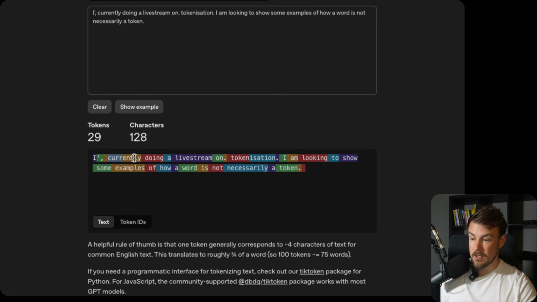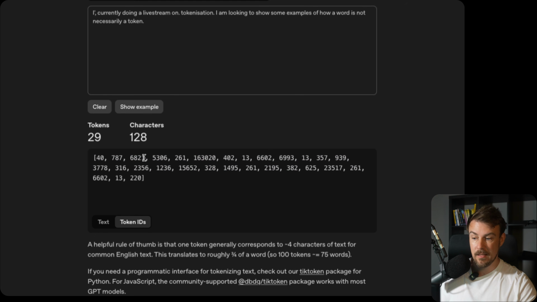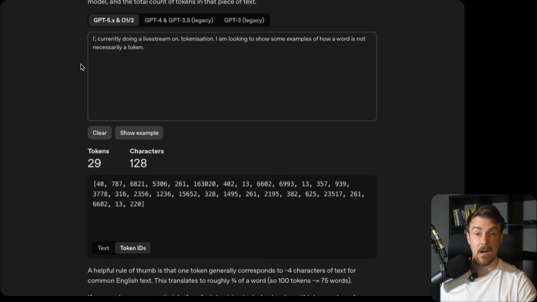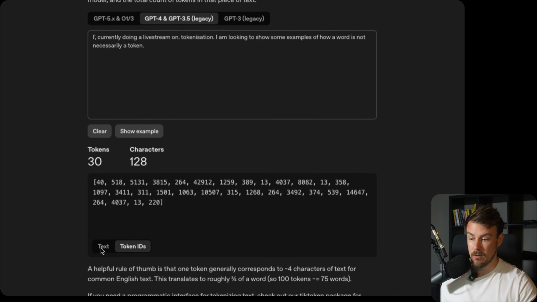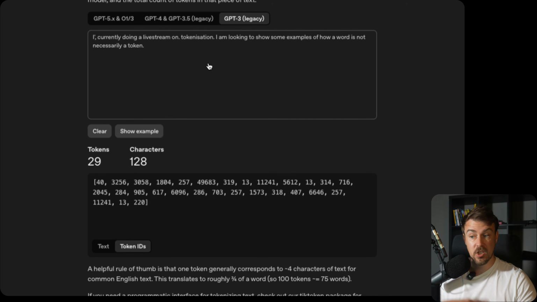So for example, the token currently has the ID 6821. So that is the ID of that token inside of the GPT-5 models, for example. That's actually different in the GPT-4 models. The token for that would be 53131, and in the GPT-3 models, the token is actually 3058.